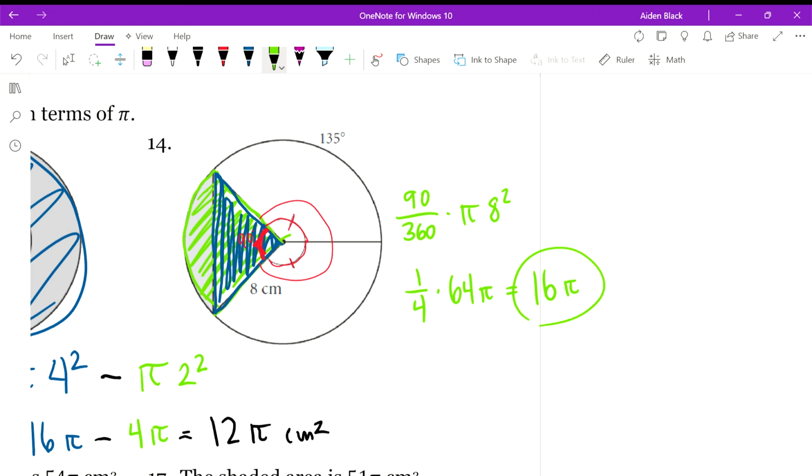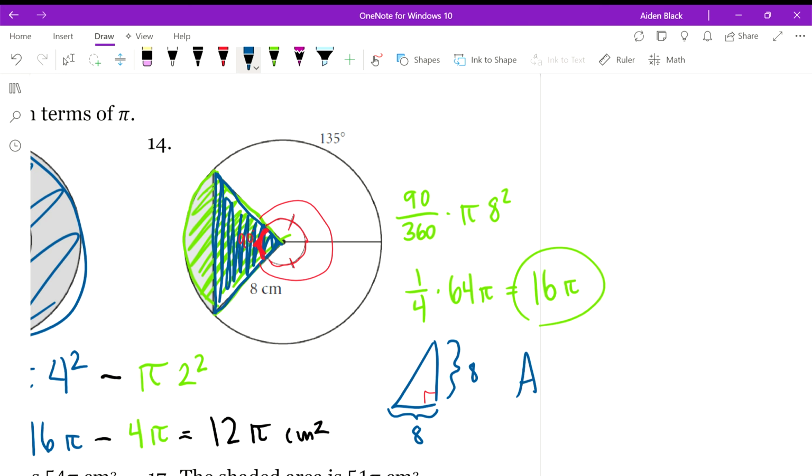Again, we need to subtract out that blue area. That blue area is a right triangle, right? So we know the base is right here. We know it's 8 centimeters. We also know the height, which is also the radius, so it's also 8 centimeters.